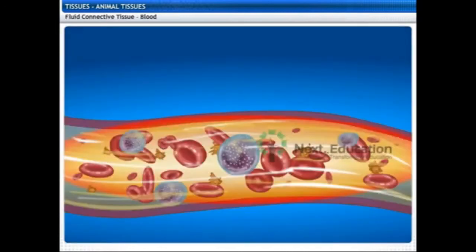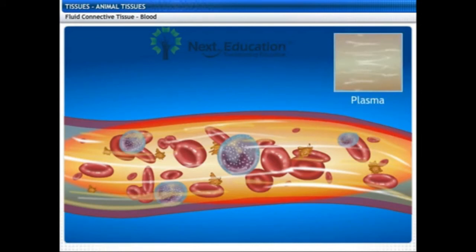Blood is a type of fluid connective tissue. Blood has a straw-colored liquid part called plasma, which contains water, proteins, salts, and hormones.